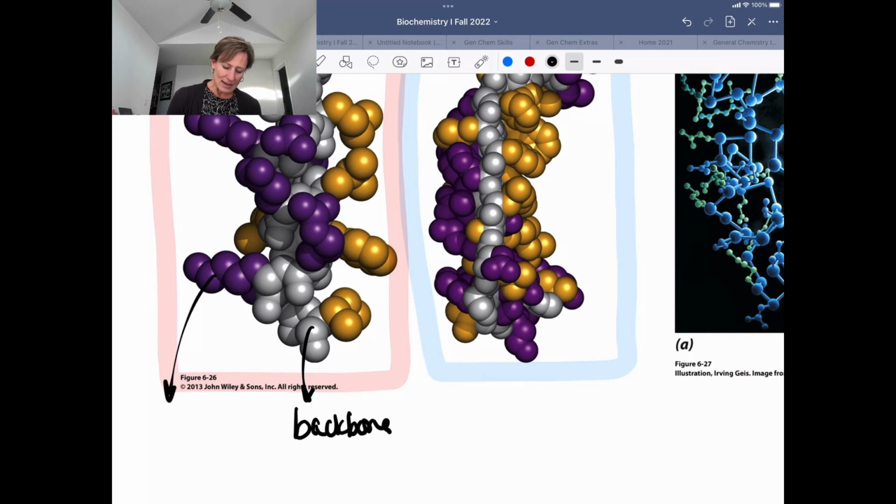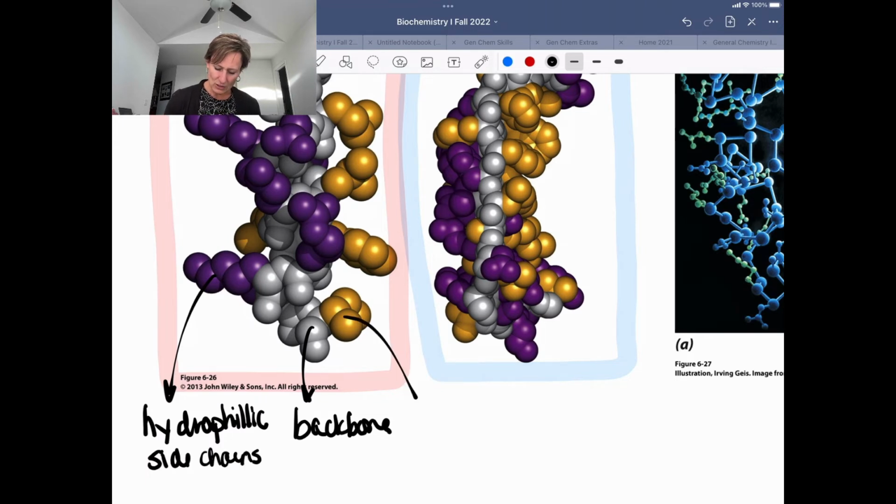Okay, and in this representation here, the ones that are in purple happen to be hydrophilic side chains. And then the gold represent hydrophobic side chains.